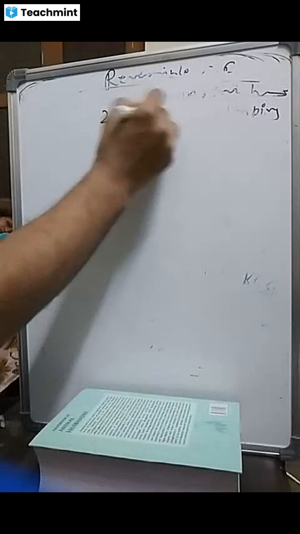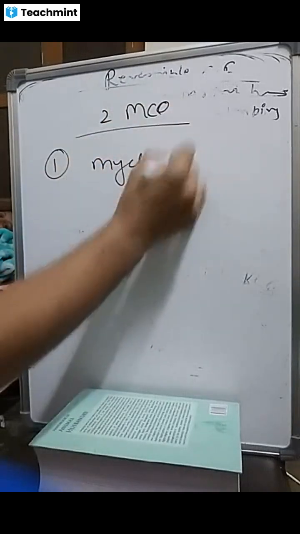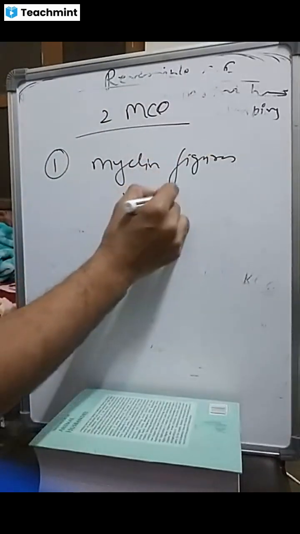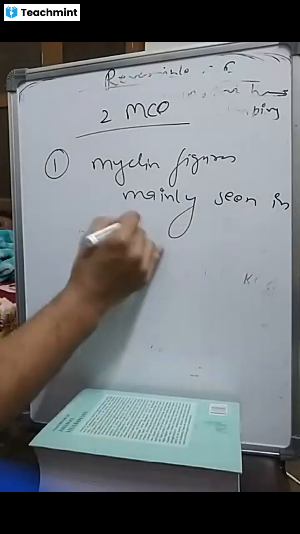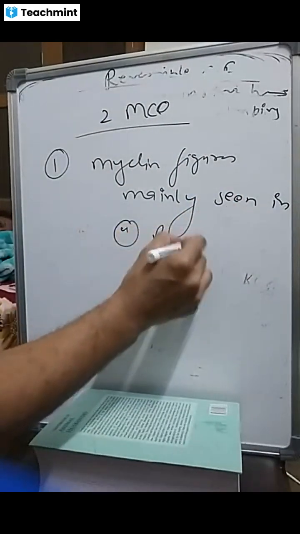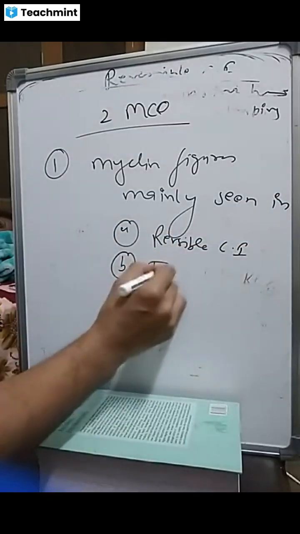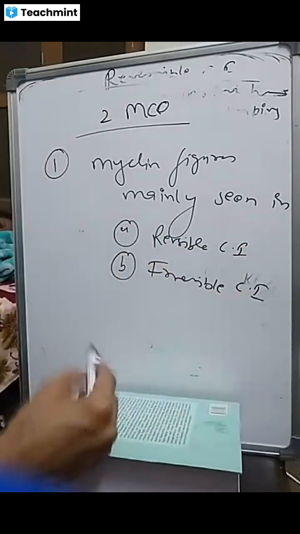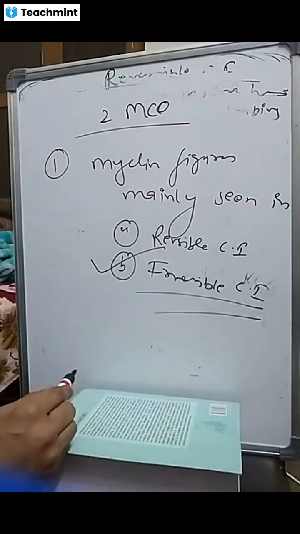So, two related questions. Myelin figures are mainly seen in reversible cell injury and irreversible cell injury. So the answer will be irreversible injury.